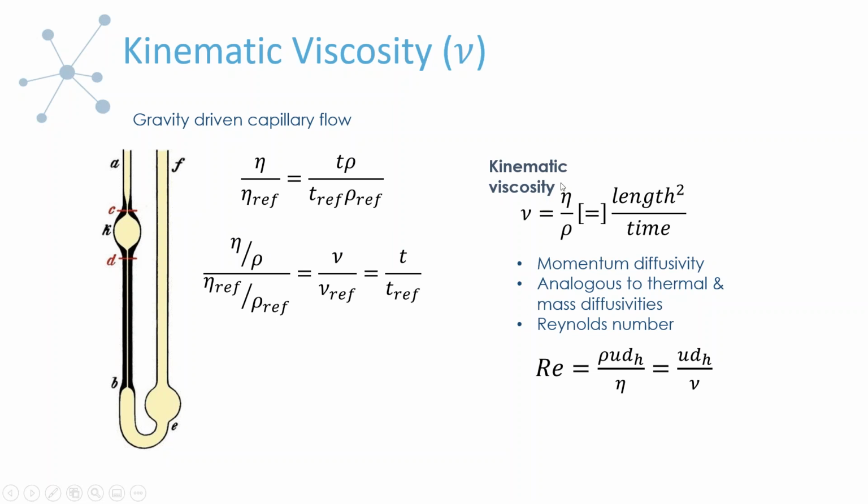So kinematic viscosity is just steady shear viscosity divided by density. And if you have no knowledge of the density of the particular solution you're measuring, then you can get from this expression the kinematic viscosity just as a ratio of times from your sample and the reference sample, and then the knowledge of the kinematic viscosity of the reference, which should be well documented.